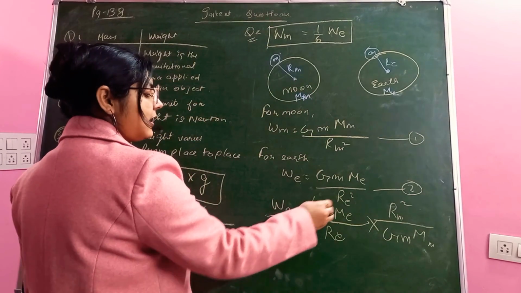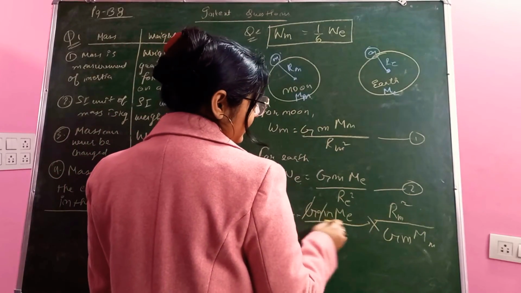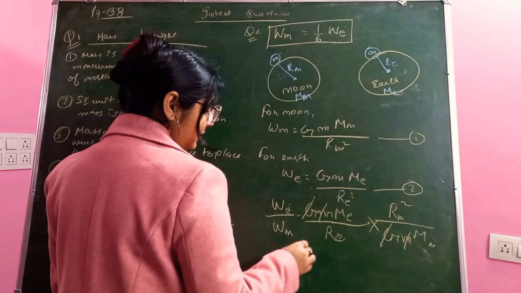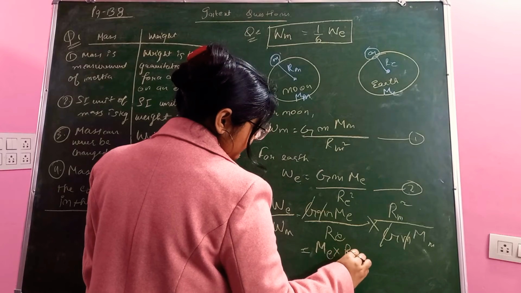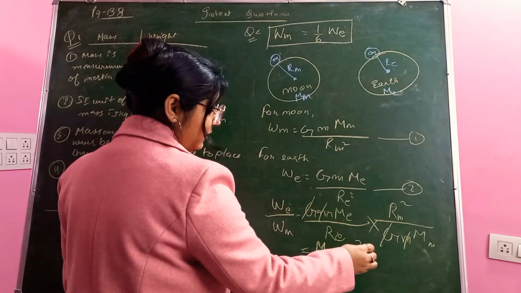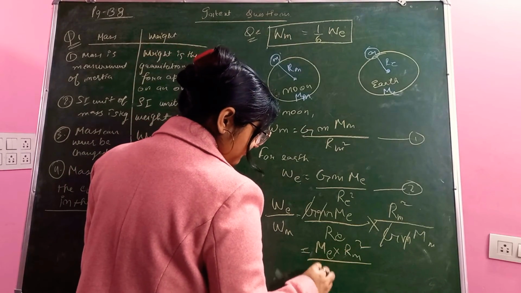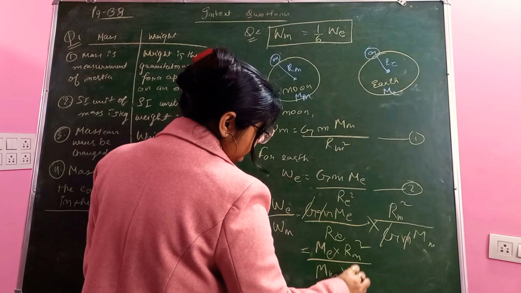Now we will cancel out whatever is getting cancelled. We will cancel G and m. Now nothing else is getting cancelled. Mass of Earth, radius of moon squared, and mass of moon and radius of Earth squared remain.